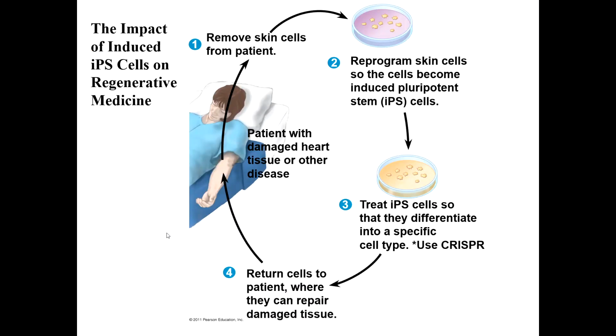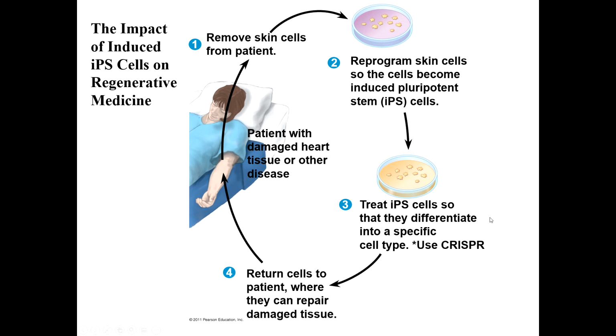So the way that this works is, let's say you have a patient with damaged heart tissue or other disease, you remove some cells, some skin cells for instance, reprogram those skin cells so that they become these iPS cells, and then treat the iPS cells so that they differentiate into a specific cell type. And you can use a process called CRISPR to do this.